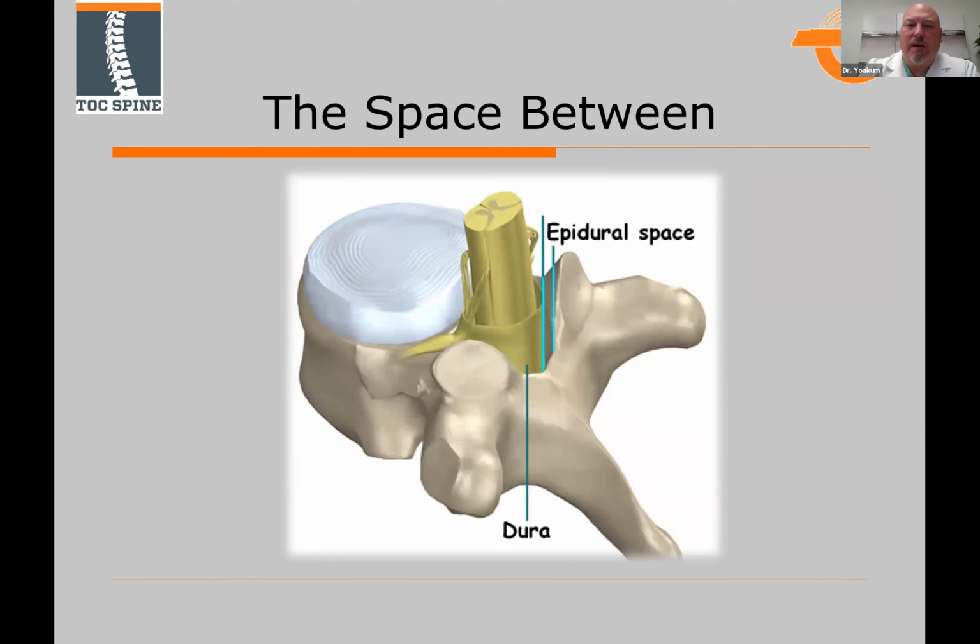The epidural space. You hear the word epidural, people say, oh, I had an epidural. That's actually kind of a slang term. The epidural space is the space between the covering of the spinal cord and spinal nerves and the extreme outside of the spinal canal itself, between the edges there, and that space is the epidural space.